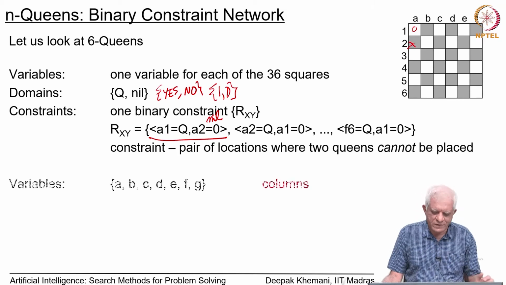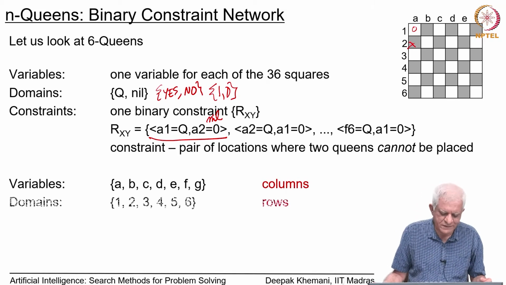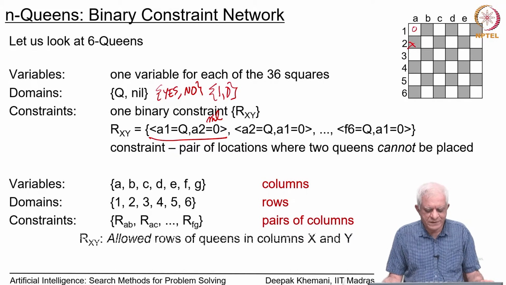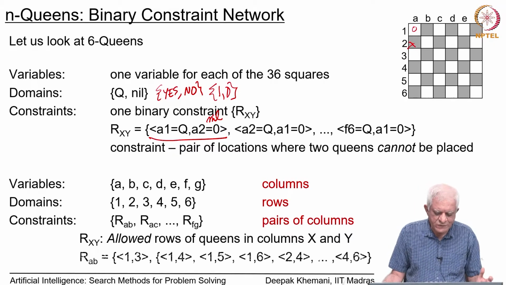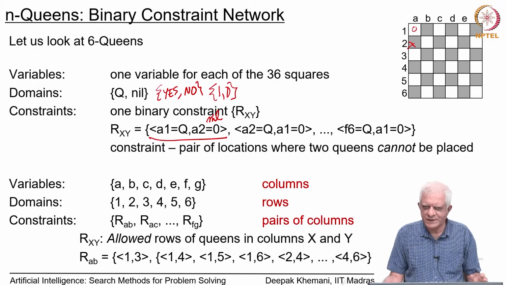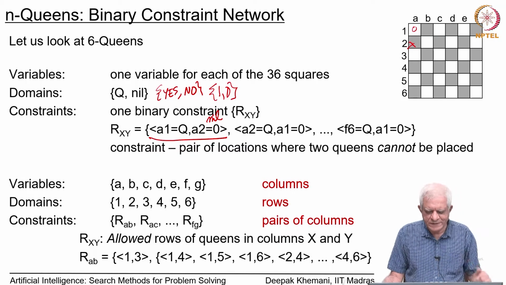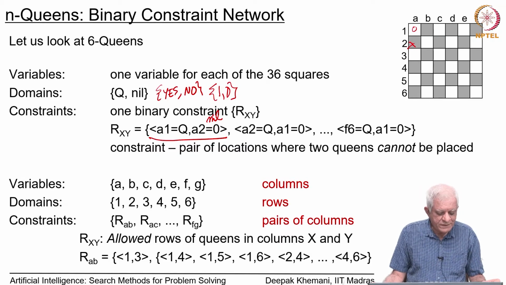So, as we have all studied n queens, I am sure, the popular representation is to choose the variables as the column names. We can also call them queen names. So, not square names essentially.